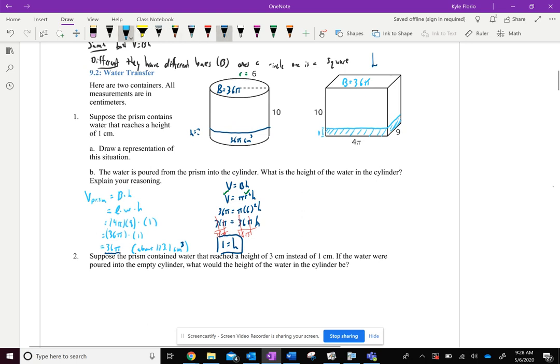So what's the last part of this question? What is the height? Explain your reasoning. So what did we do? Using the volume formula, we found the volume of the prism to be 36 pi. Plugging that into the cylinder's volume equation, we solve for h.